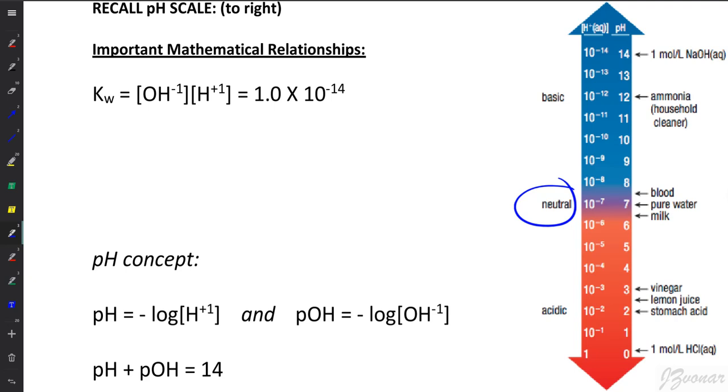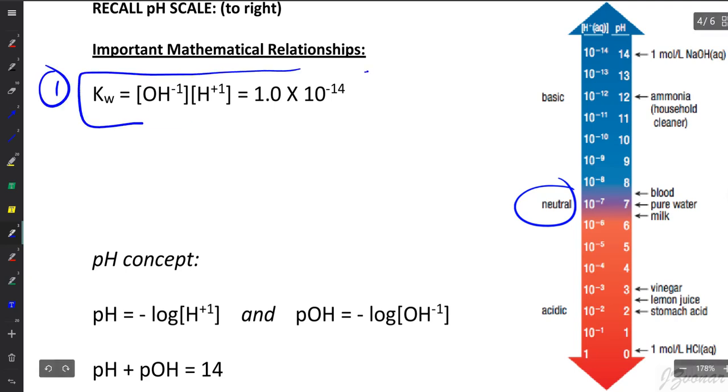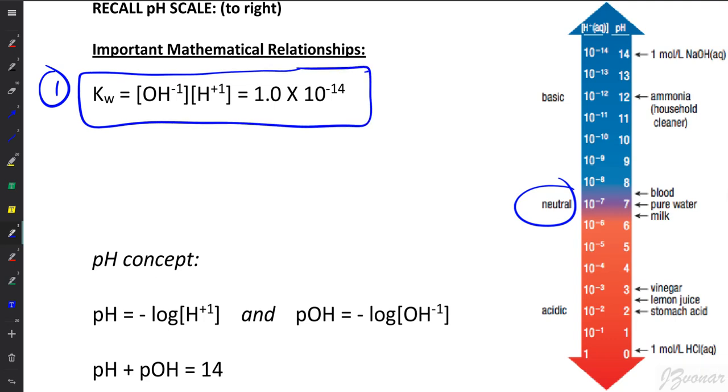And lastly, some very important relationships that we've seen in this section. The first one you'll need to know is the relationship for our ion product constant Kw: the product of the concentrations of hydrogen and hydroxide ions is equal to 1 times 10 to the negative 14.